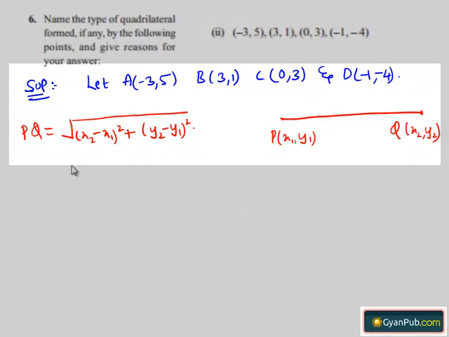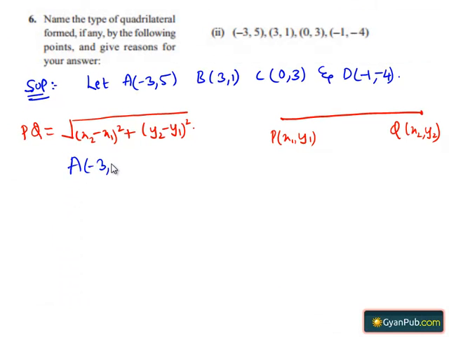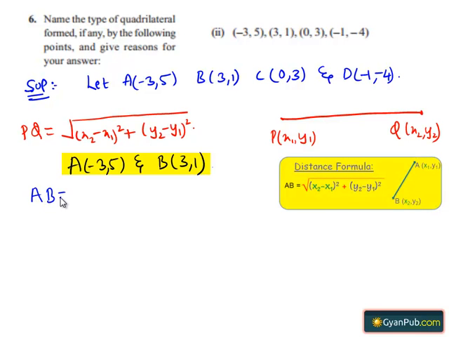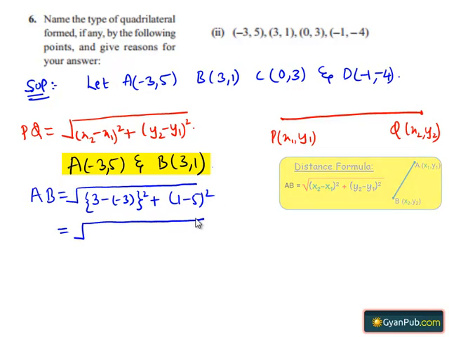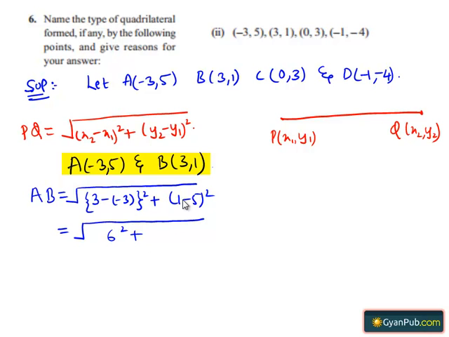Let us take the first 2 points A (-3, 5) and B (3, 1). By applying the distance formula, we get length AB equals under root of (3 minus of -3) whole square plus (1 minus 5) whole square, which is equal to under root of 3 minus of -3 is 3 plus 3, which is 6, square, plus 1 minus 5 is -4, so (-4) square.